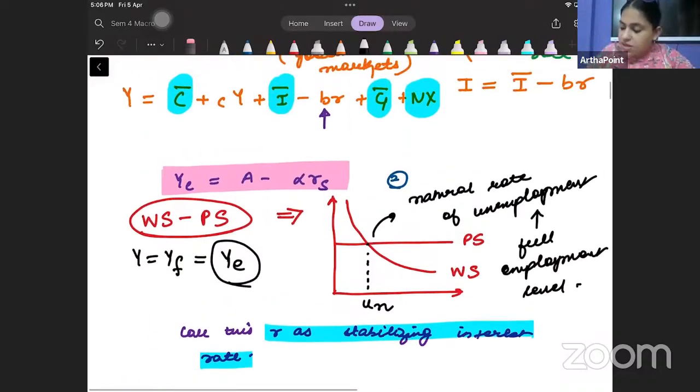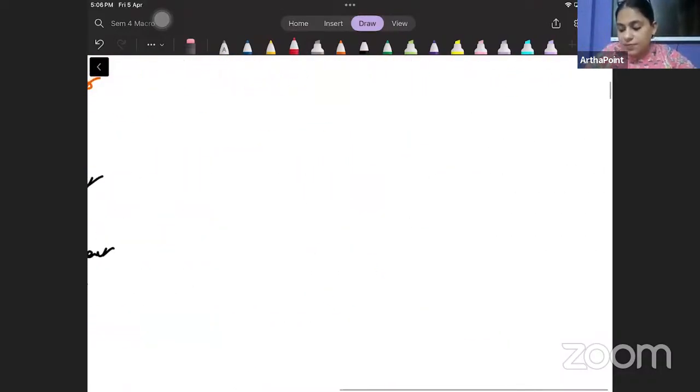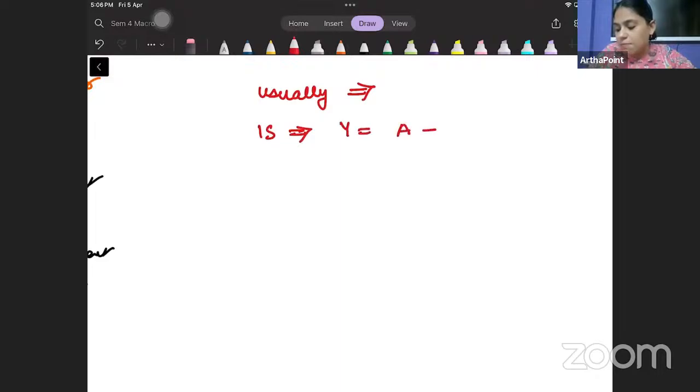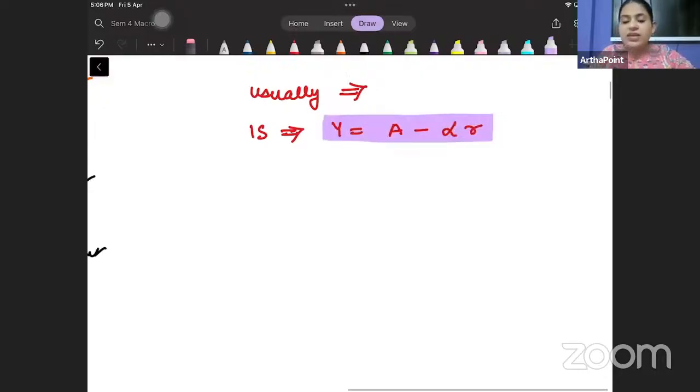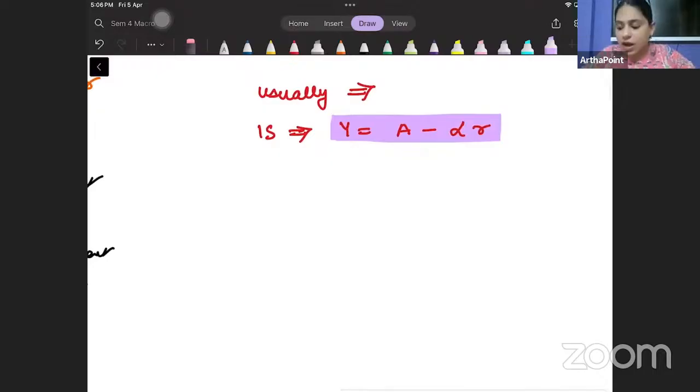So usually we will write our IS equation as y is equal to a minus alpha r. This is our usual IS equation, y is equal to a minus alpha r.